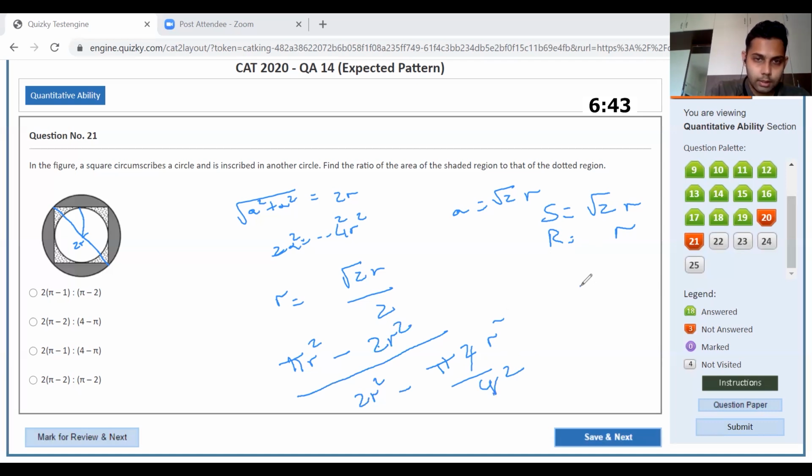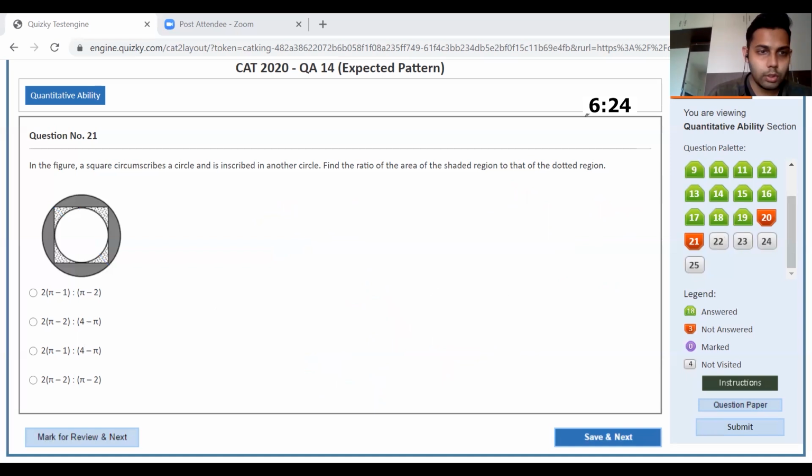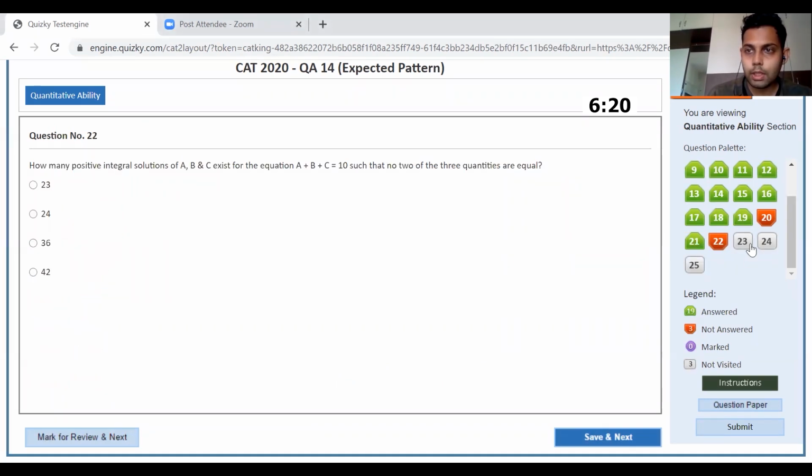So I get pi minus 2, and this 2 will come up. So 2 pi minus 2, and this 2 will come here. It will be 4 minus pi. So minus 2 and 4 minus pi, that is option number 2. These geometry questions are on the simpler side usually.